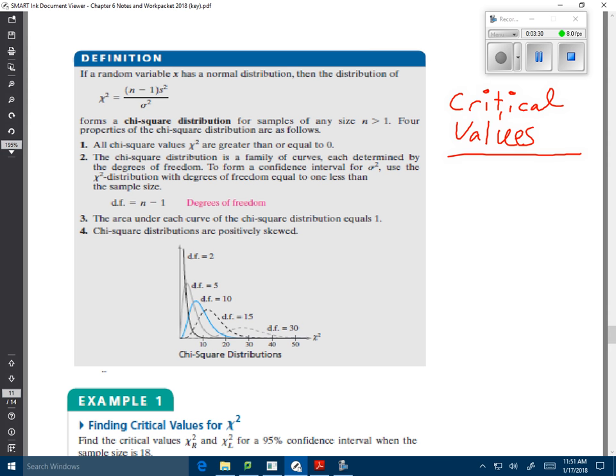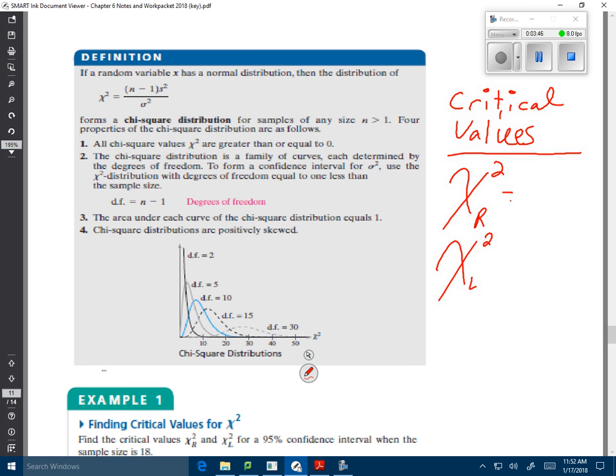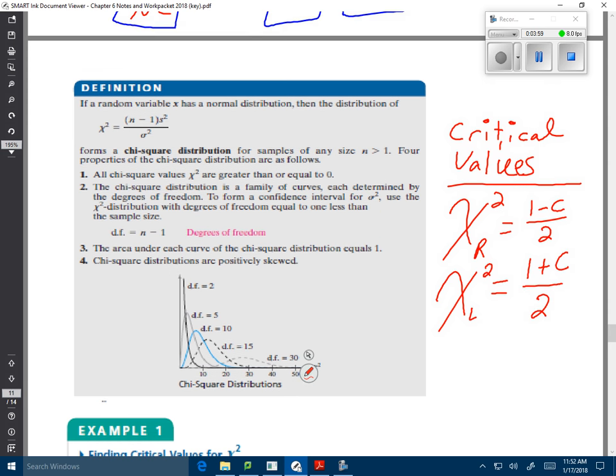But what you really need to know is this. If you're given a chi-square, you have the right tail. Chi-square, you have the left tail. The chi-square right tail is always going to be bigger than the left tail.